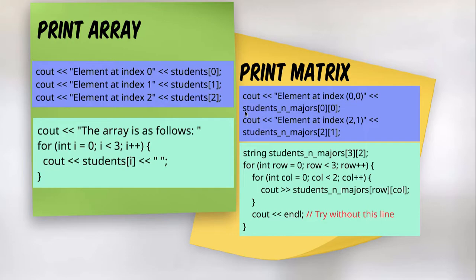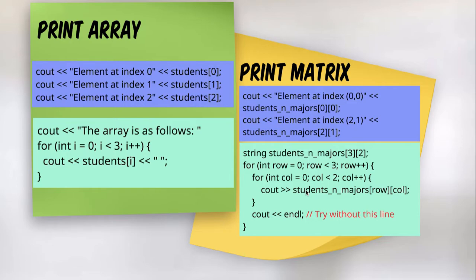So the first statement will print the element at the 0th row and 0th column of the students and majors array. The second cout statement, this one, will print the element at the 2nd row and 1st column in the students and majors array or matrix.